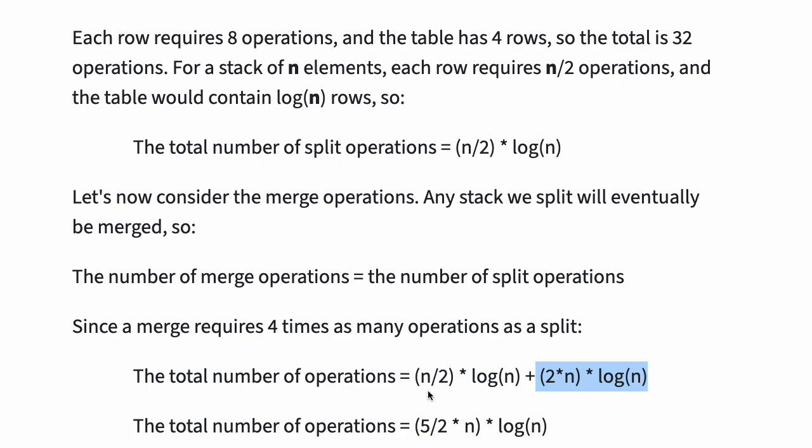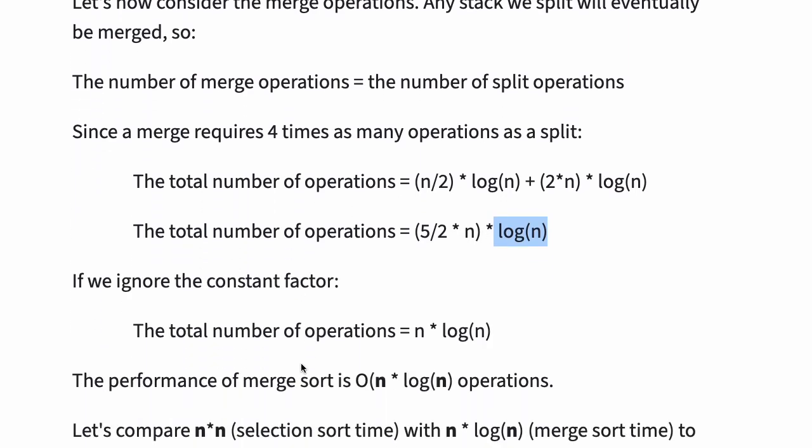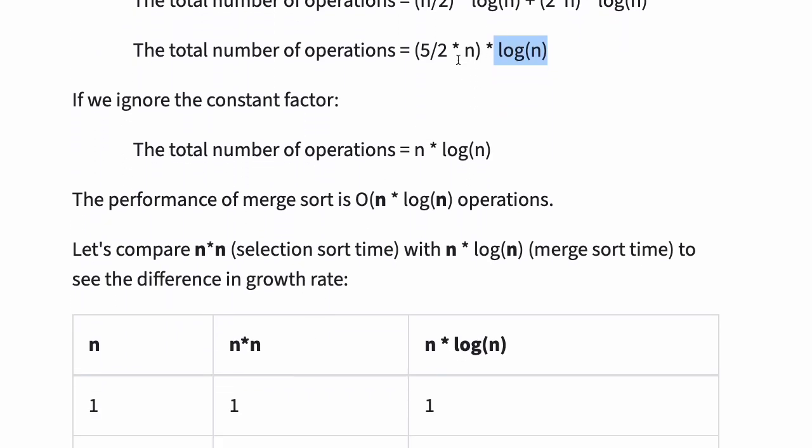Then the total number of operations is 5 divided by 2 times n times log n. If we again ignore the constant factors, then we end up with n times log of n. Thus, the performance of merge sort is O of n times log n operations.